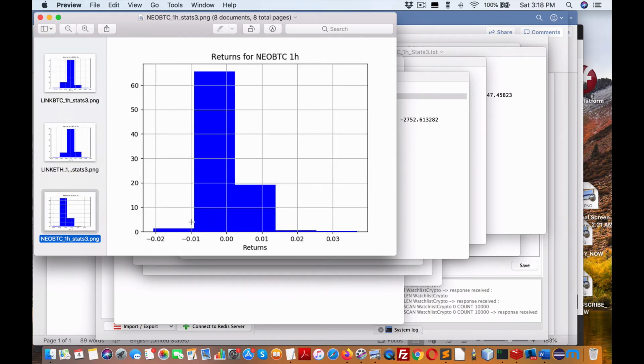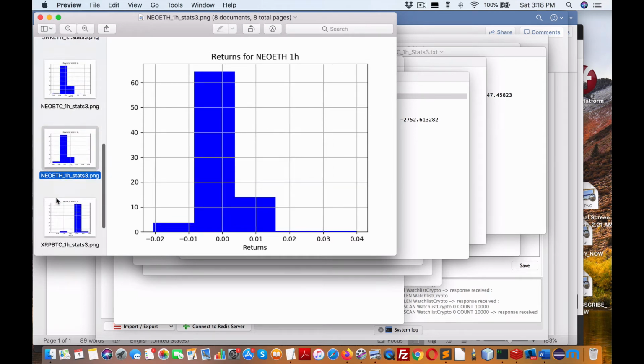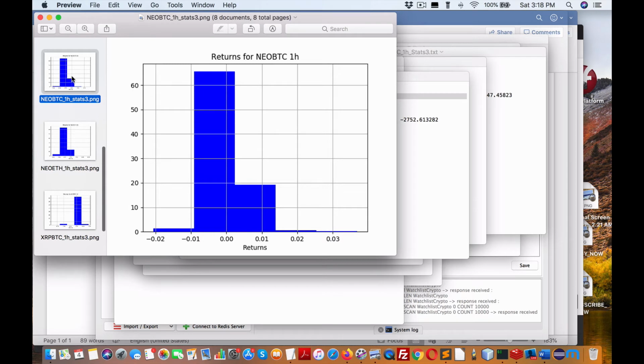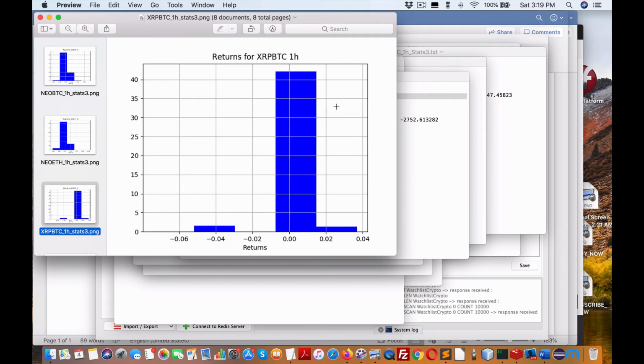So here you can clearly see, as I said, that NEO has a much higher probability of being negative versus positive returns. Same with NEO, just overall. So that means, should you allow NEO to be traded because it will have a negative position? But you can see the importance of these types of charts. Meanwhile, here we have XRP.